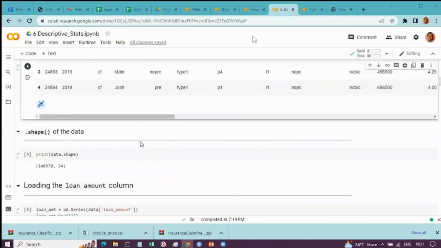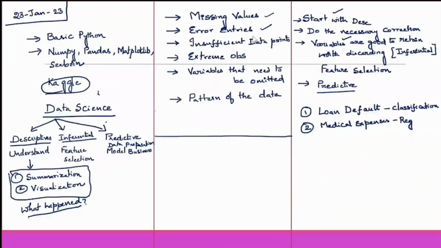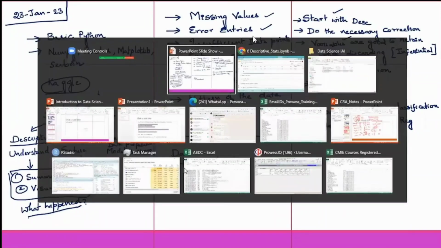Okay. So once you take the data, the objective always, this is for any kind of analysis that you want to do, right? The moment you are given a data, try to understand the data as much as possible. So understanding is as good as right from the basics. You look at the head, tail kind of things.